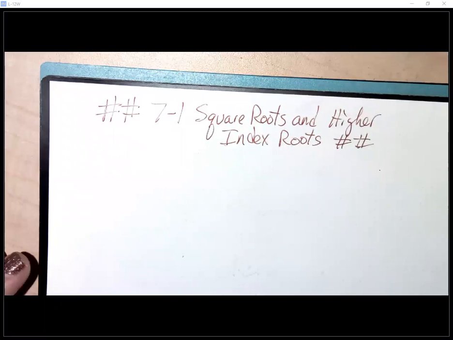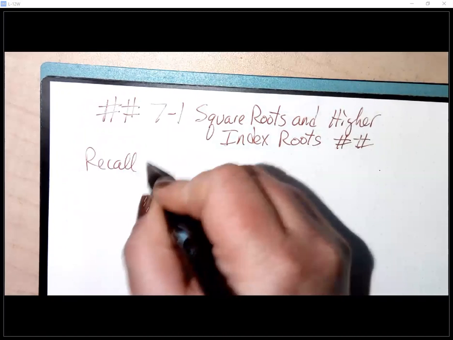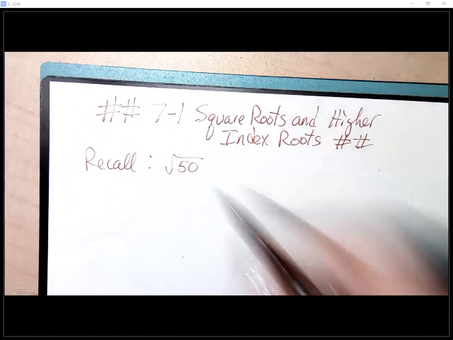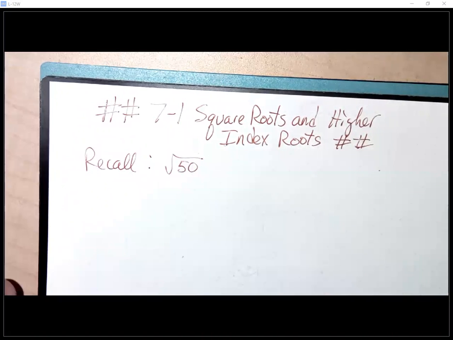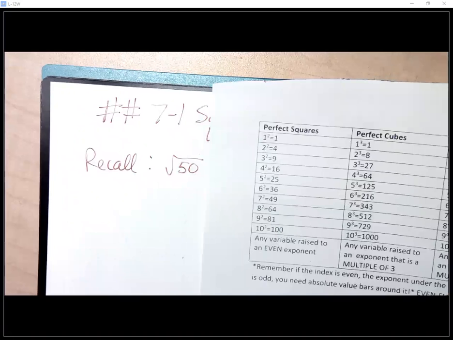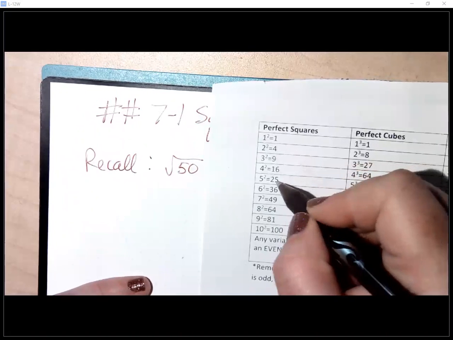All right, so let's recap what we already know. If I wanted you to simplify the square root of, let's say, 50. 50 is not a perfect square, right? However, I gave you this handy dandy list right here of your perfect squares: 1, 4, 9, 16, 25, and so on.